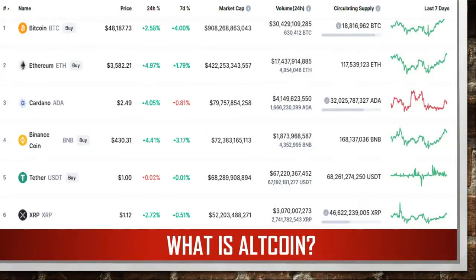That's because there's only ever going to be one Bitcoin, and that's Bitcoin. In the beginning there was Bitcoin, and then all the other coins came after, based off the technology that came with Bitcoin. That's why we call all of the other coins alternative coins. So Ethereum, Cardano, they're alternative coins, and there's only one Bitcoin.